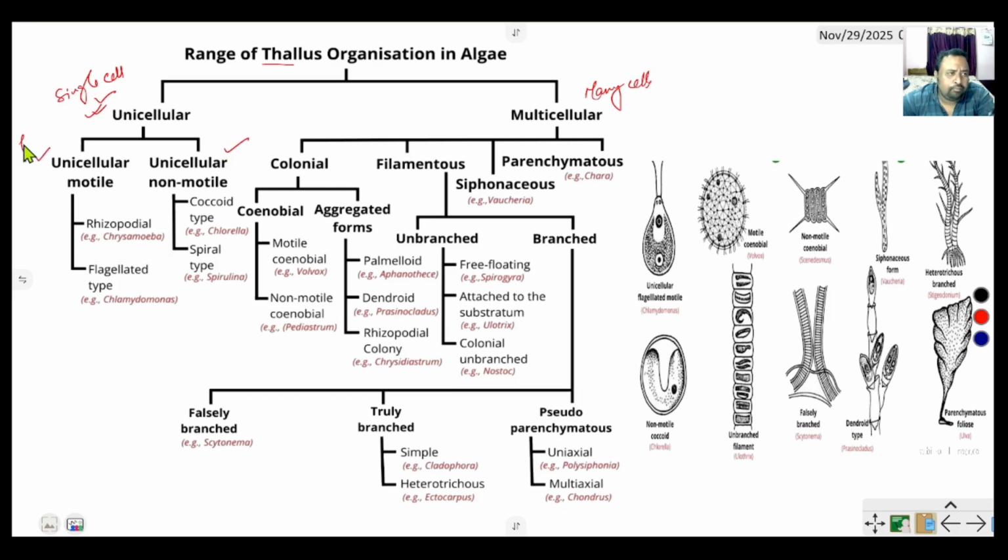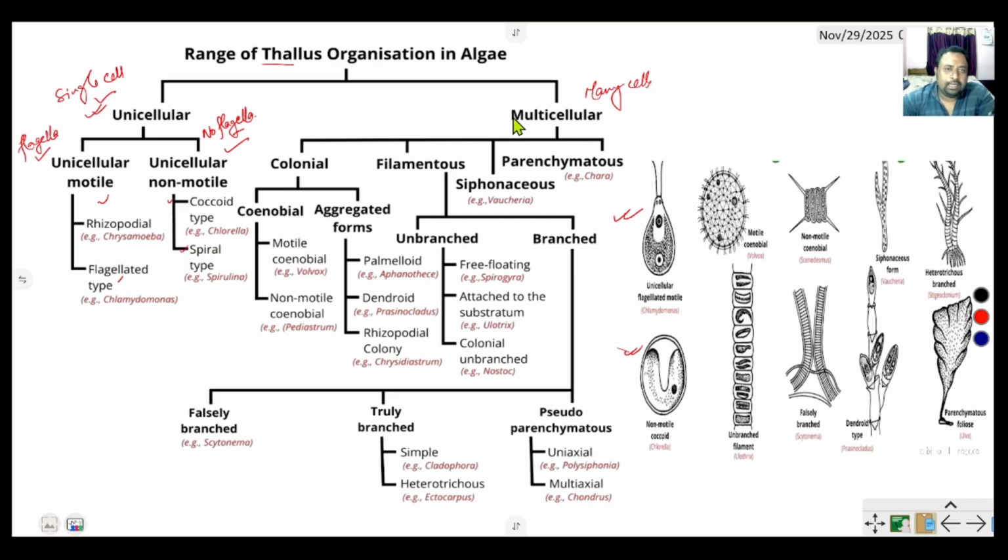Motile means flagella are present, and non-motile means no flagella, that is, no movement. Flagella help algae move from one place to another. Unicellular motile types like Chlamydomonas are flagellated, and the rhizopodial type is found in Chrysamoeba. But unicellular non-motile types are like Chlorella, coccoid type and spiral type.